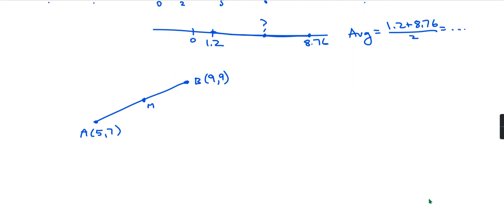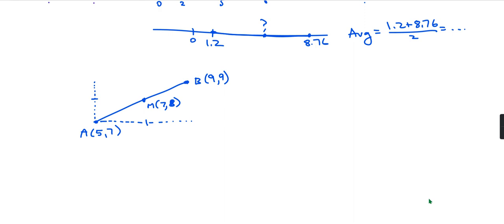Well, that's going to be halfway across from A to B. So halfway from the x's 5 to 9 is going to be 7. So it's going to be 7 across. And then to go up, halfway from 7 to 9 is going to be 8. So my midpoint is going to be (7, 8).